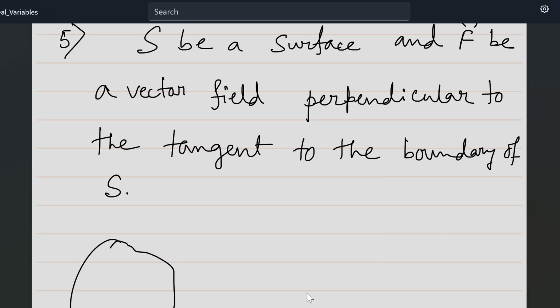Suppose S is a surface. F is a vector field perpendicular to the tangent to the boundary of S. So suppose you have a tangent here, so F is perpendicular to this tangent. That means what? Can you tell me?